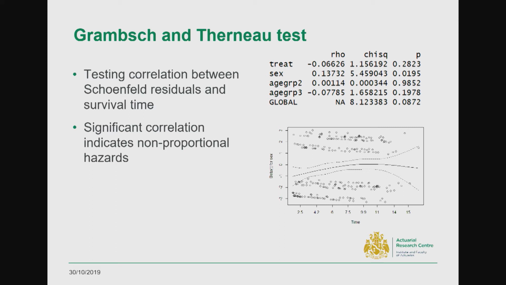Significant correlation indicates non-proportional hazards. We can also have a look at our estimates for sex using a graphical method, which you can see on the graph below. As you can see, the beta is not really constant across time. Particularly, I think it changes at year 9.